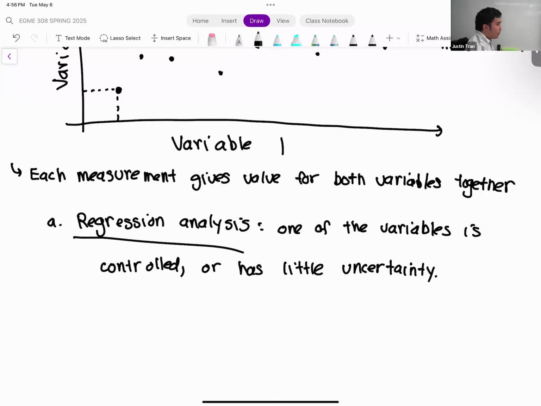And so the control variable, sometimes we call it, but another common name for it is the independent variable.